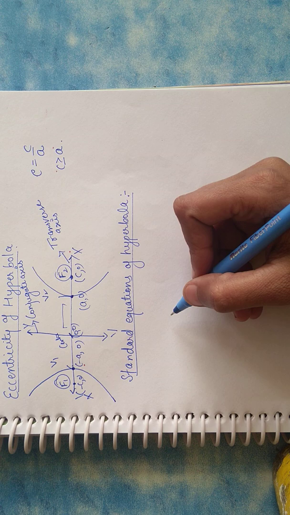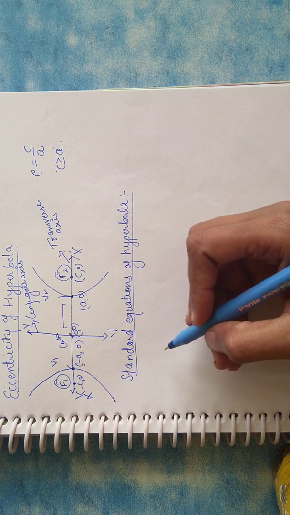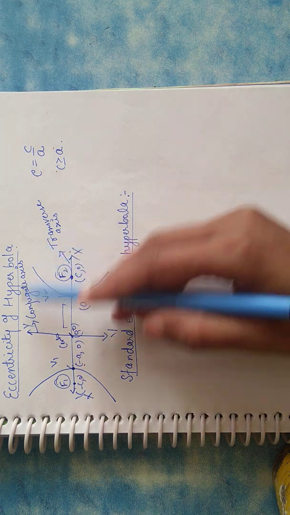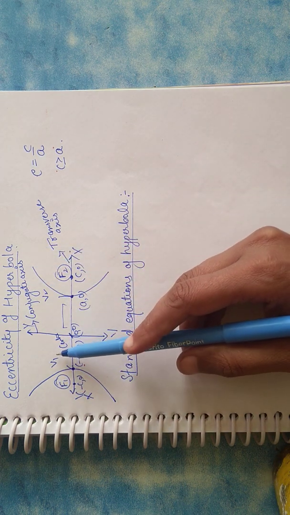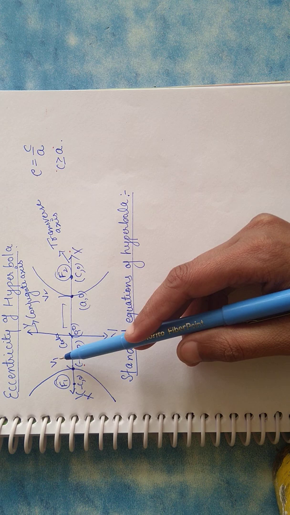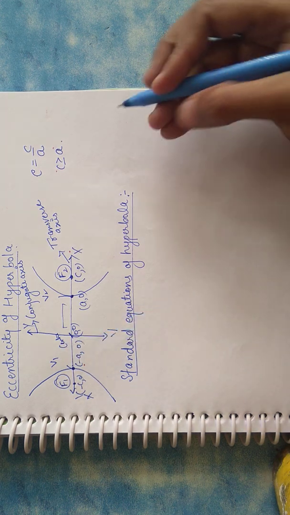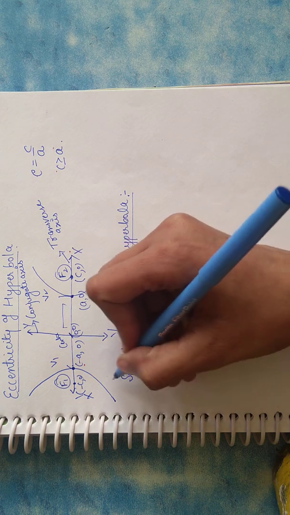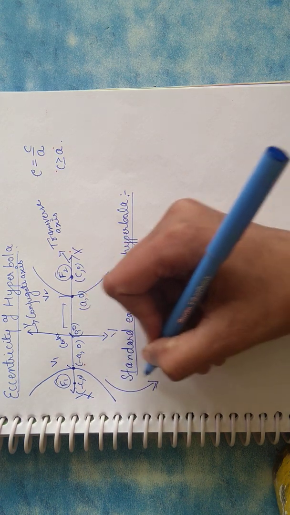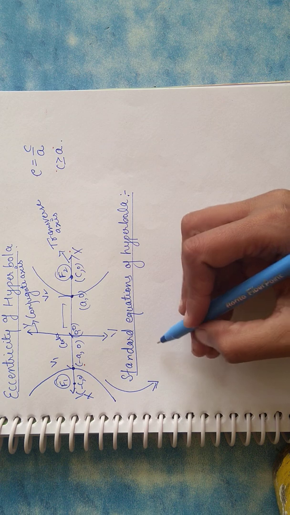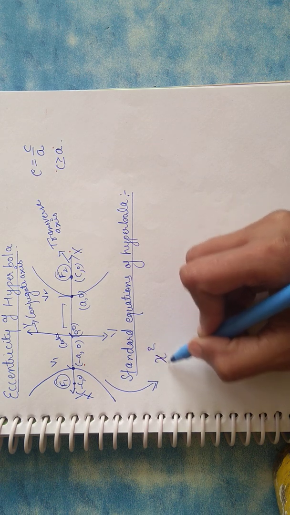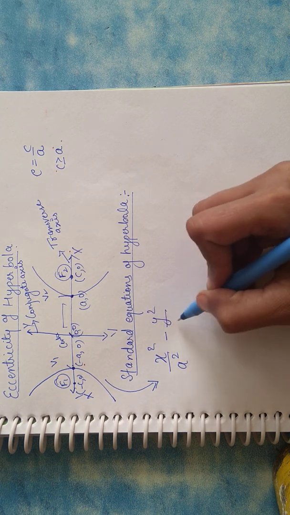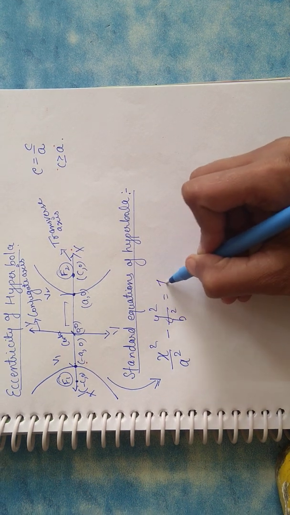In this, first of all, we will have the diagram. You have checked, this is the diagram when we take this as the x-axis. Now if your shape of hyperbola is of this kind, then your standard equation will be x square upon a square minus y square upon b square is equal to 1.